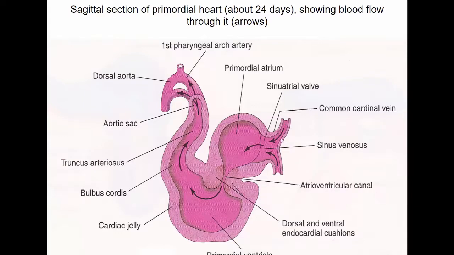From the sinus venosus to the sinuatrial orifice into the atrium proper, to the primordial atrioventricular canal, to the ventricle proper, from the ventricle proper to the bulbus cordis. Later on, it will form the conus cordis, then the truncus arteriosus, and then the aortic sac, and then the aortic arches.